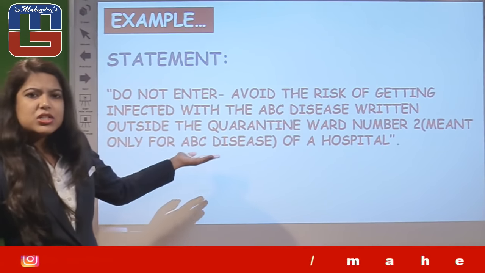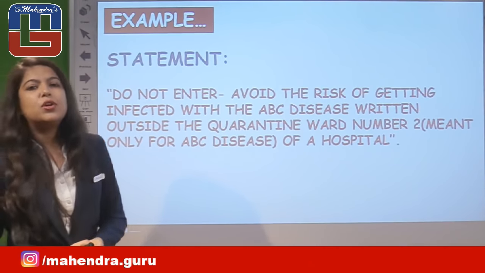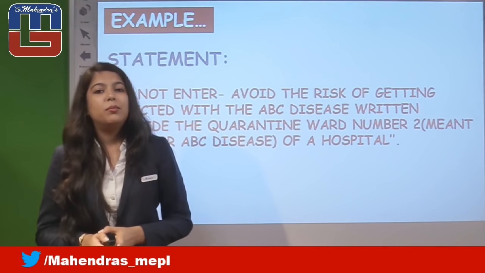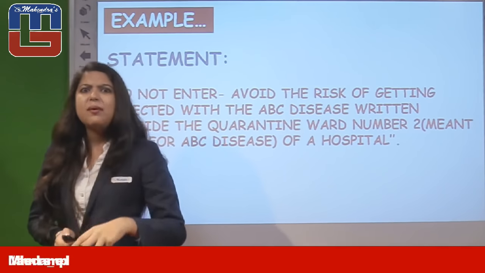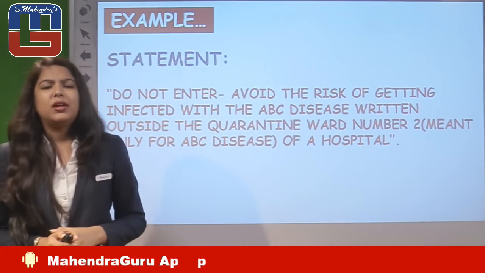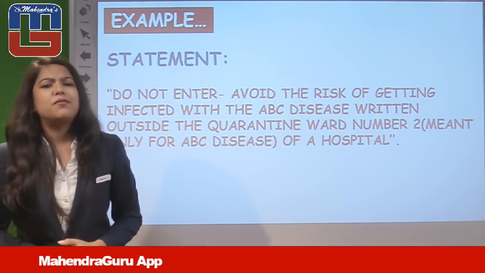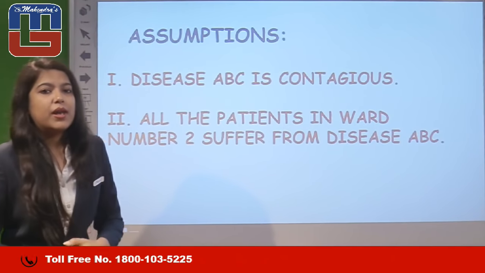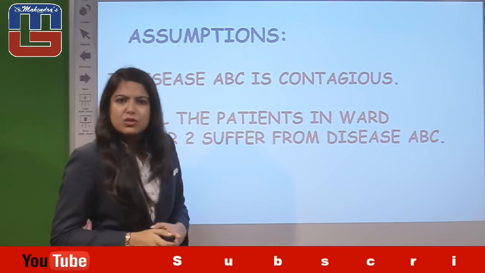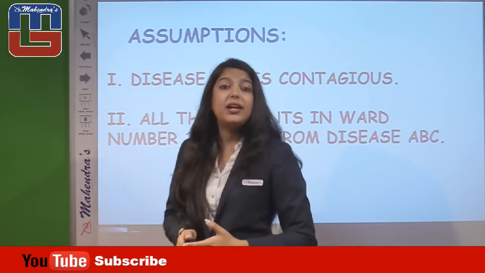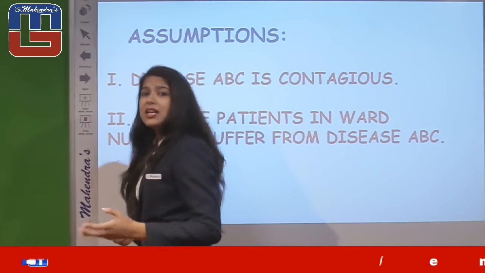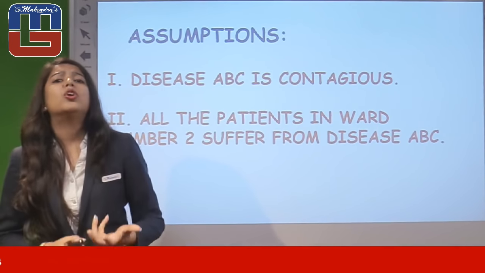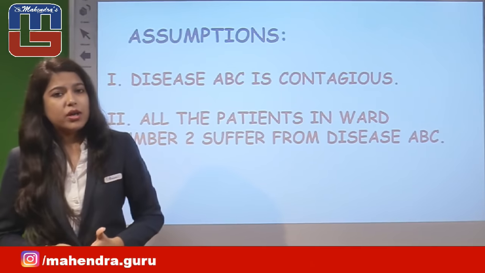Now this is an instruction, notice, or information for you all, written in a hospital outside ward number 2. What was in the mind to keep this notice over there? Assumption number 1: disease ABC is contagious. Yes, definitely, it might be contagious. That is why hospital management is not wanting you to enter that ward.